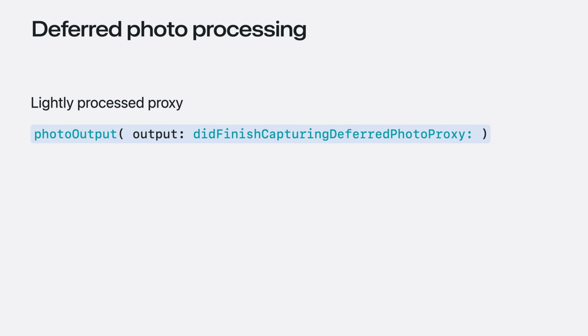To reduce shot-to-shot delay even further on high-quality captures, adopt deferred photo processing. When you enable deferred processing, the system delivers a lightly processed proxy photo immediately after capture. You receive it via the didFinishCapturingDeferredPhotoProxy delegate callback.